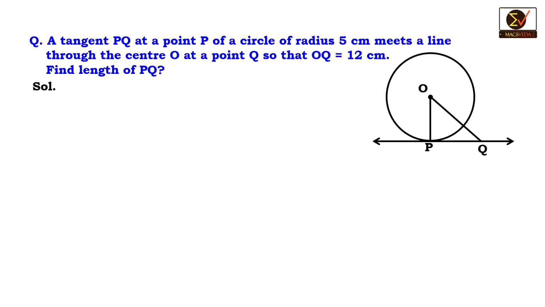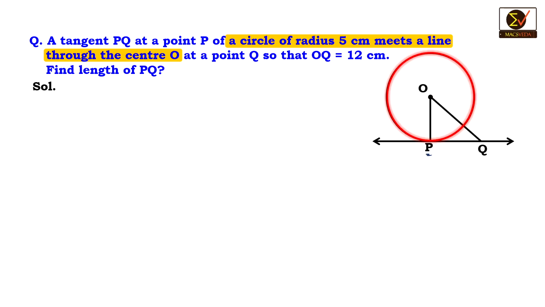Next problem. A tangent PQ at a point P of a circle of radius 5 centimeters meets a line through the center O at point Q so that OQ is 12 centimeters. Find the length of PQ. Here tangent PQ meets the circle at point P and the radius of the circle is 5 centimeters.